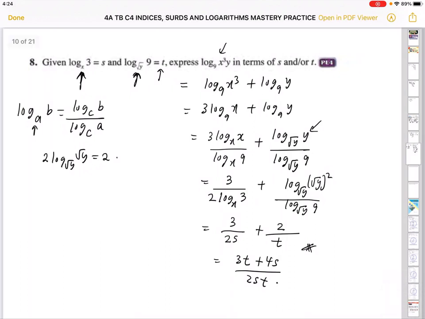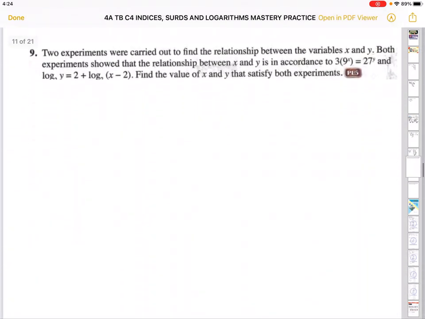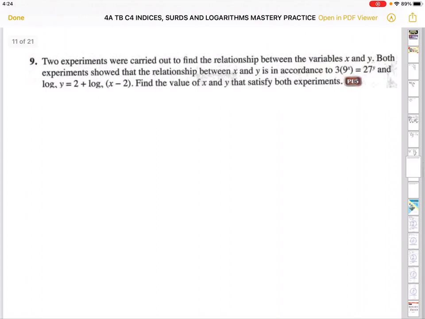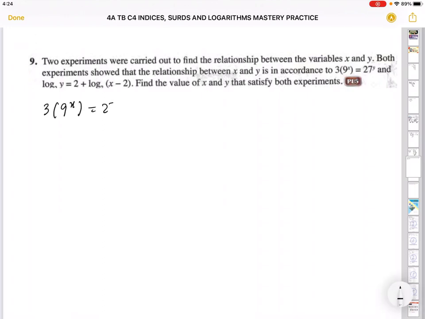Okay, let's look at number 9. Two experiments were carried out to find out the relationship between two variables x and y. Both experiments show that the relationship between x and y is in accordance to this. The first formula is 9 power x equals 27 power y. So this is an initial equation that we can group to the same base.